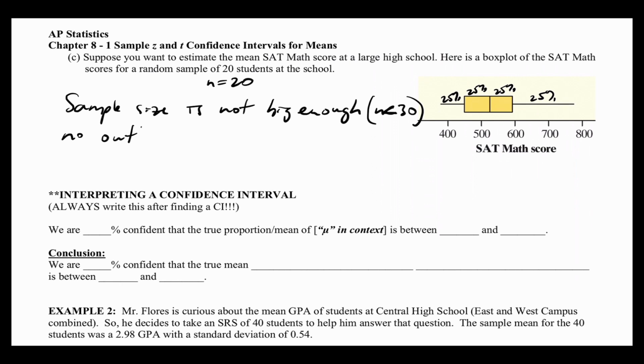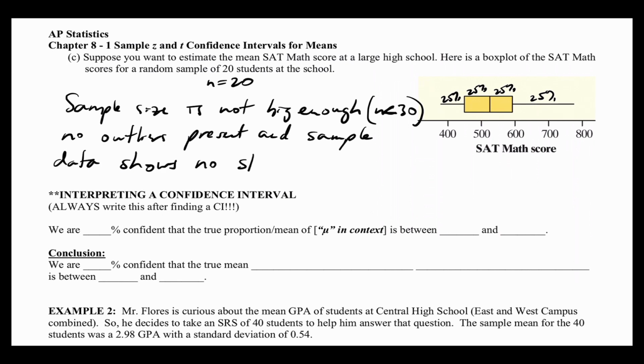No outliers present, and sample data shows no skewness. I'm not saying it's normal, or that it's symmetric. I'm just saying it doesn't really show any strong skewness anyway. And we move on. Okay.